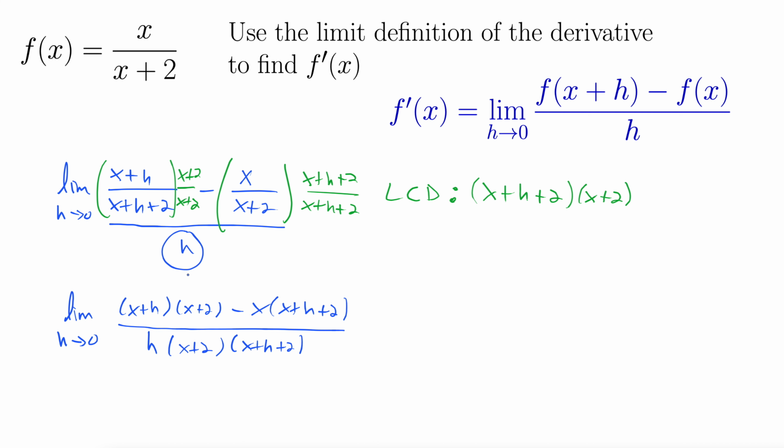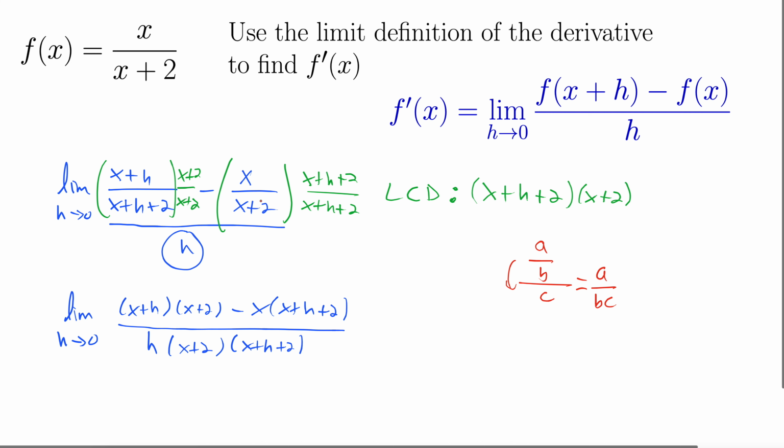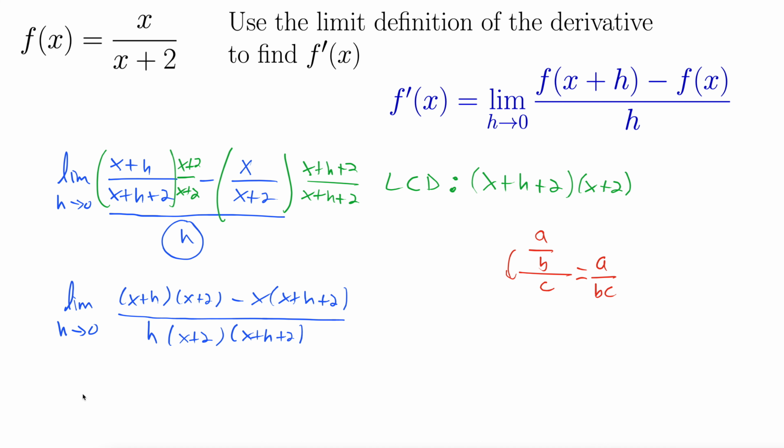And you may be saying, well, why can we just combine denominators like that? Well, remember how fractions work. If you have a over b all over c, this fraction just bumps down one level, a over bc, essentially. So we can combine with this h down here in the denominator and just make one denominator and save ourselves a step.